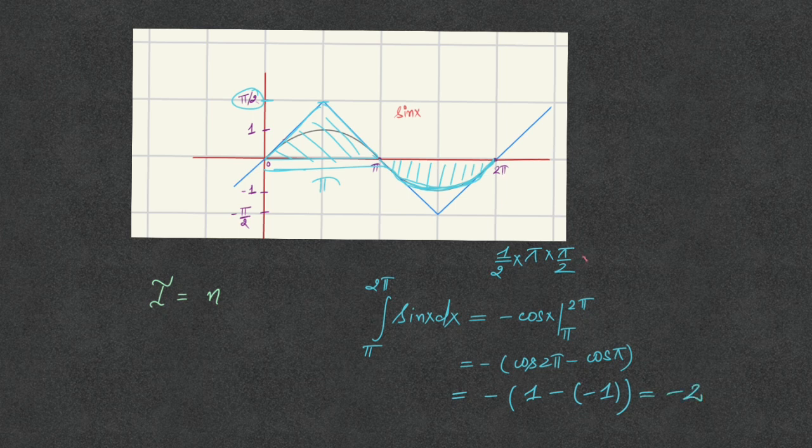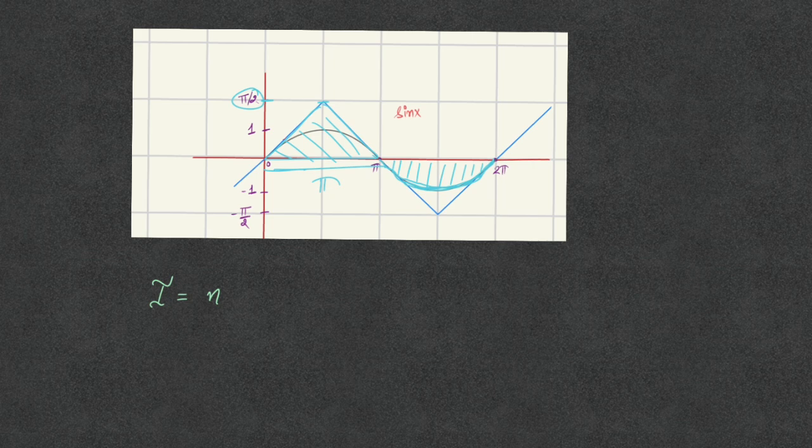Now using these two values, from 0 to π the maximum is the sin inverse of sin x graph, which represents this triangle, and the area of this triangle is half into π by 2, and from π to 2π the maximum is this sine curve, and the value of this sine curve is minus 2.